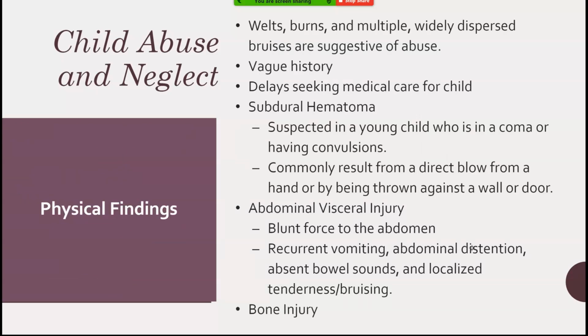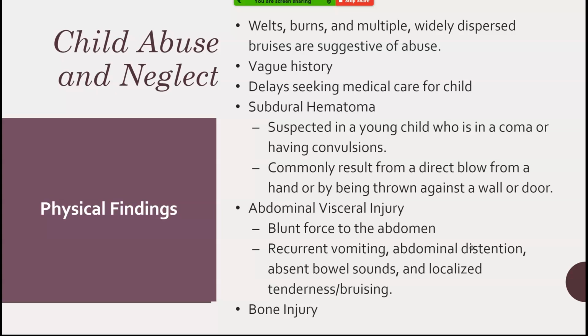Various physical findings that you might see: blunt force trauma to the abdomen with concurrent vomiting, etc. Any sort of bruising that looks like a hand or a belt, right? Welts, etc. could be concerning. Delays in seeking medical care.